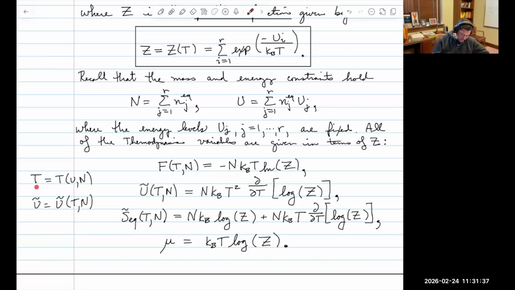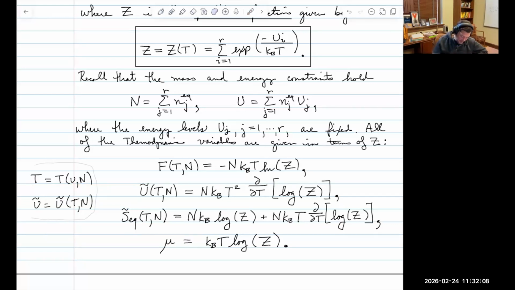So this relation we argue is invertible, and I'll show you this in a lot of cases actually, or at least a few important cases. So whenever I see a relation like this, I'm just going to automatically assume, at least in the context that we're working in right now, that this relation can be inverted so that I can get u as a function of t and n. So make sure that that's clear in your mind.